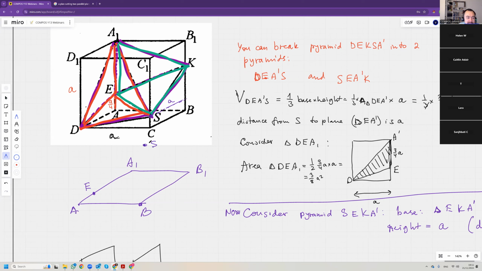But S is in a parallel plane, and the distance from S to that plane has to be A, which is the side of the square. And yeah, that's about it.